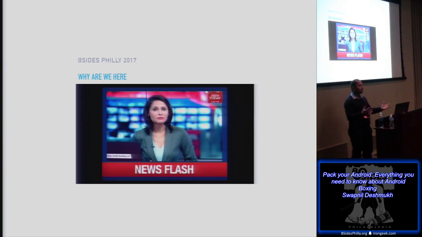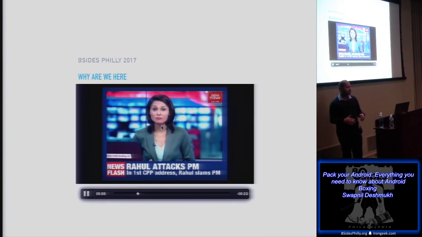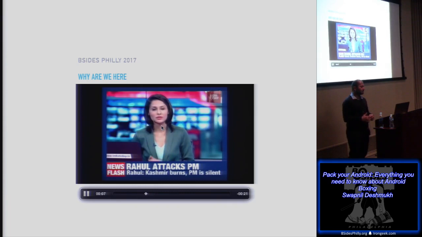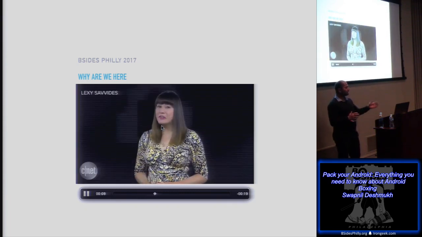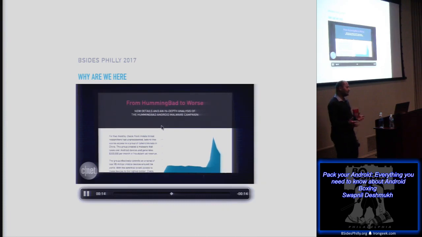Now that we have a level set around what I have done so far, why is it important for us, as security evangelists, to understand what Android malware is all about and how it is impacting us? These are a few news clippings that I have gathered in the past month or so that talk about the magnitude of mobile malware and how it's impacting us.